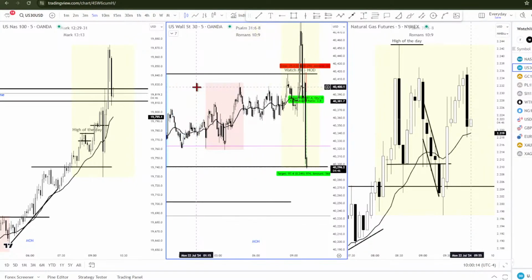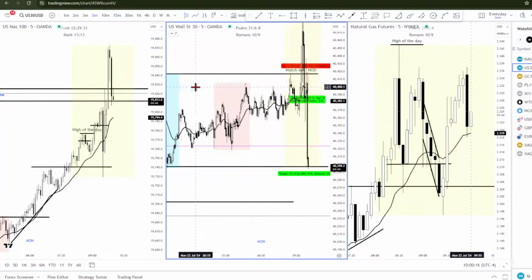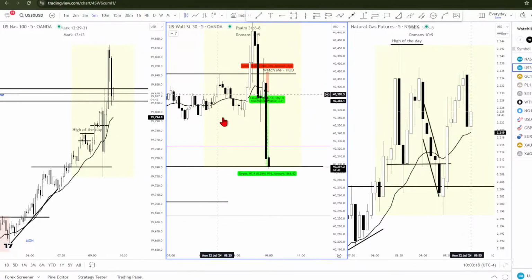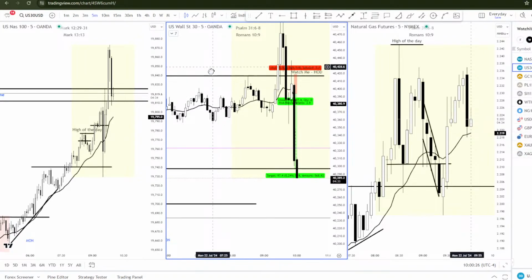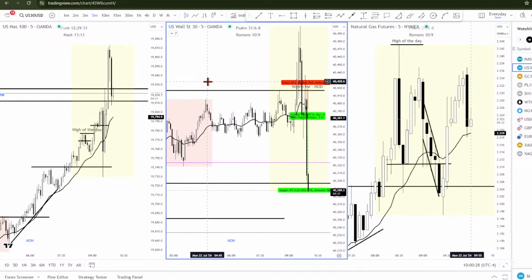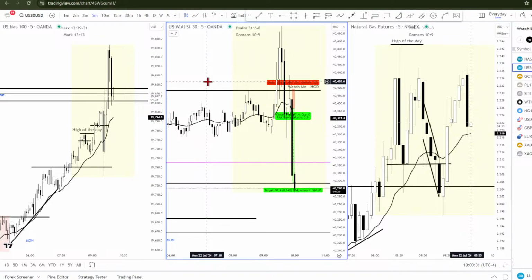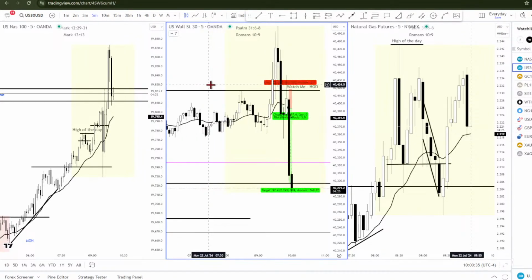We might get the follow through. The rest of the follow through, I'm not going to complain with what I just got. It was a beautiful trade. Went into the session with a solid plan.